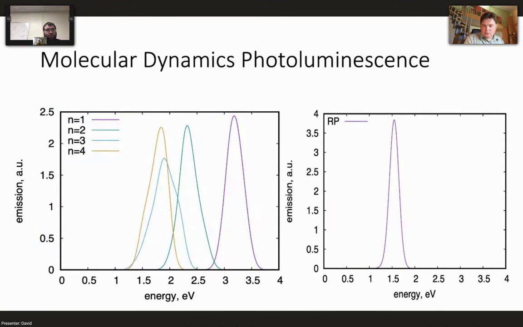So here we are looking at the MDPL for the models, and we see the expected qualitative trend for the Dion-Jacobson models, which is the model on the left, where the N equals 1 is most blue shifted and the N equals 4 is the most red shifted.